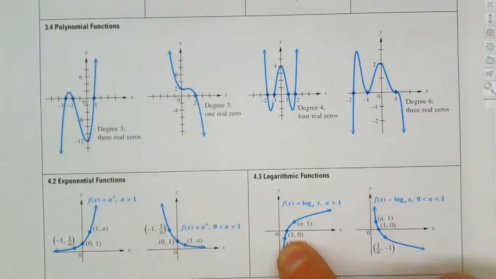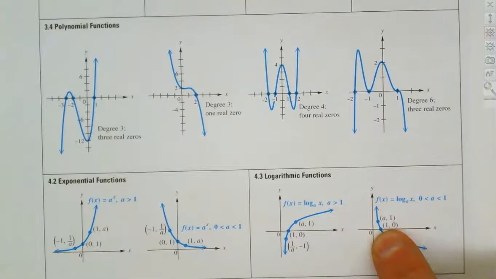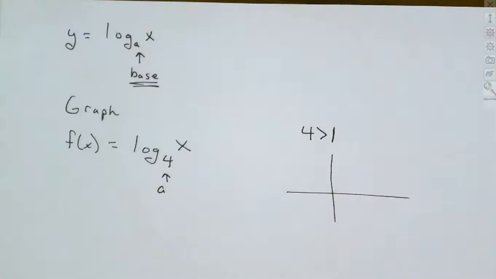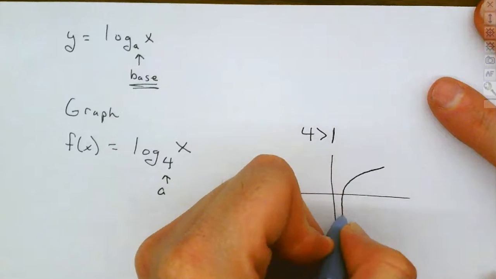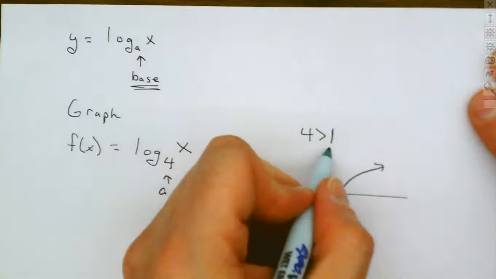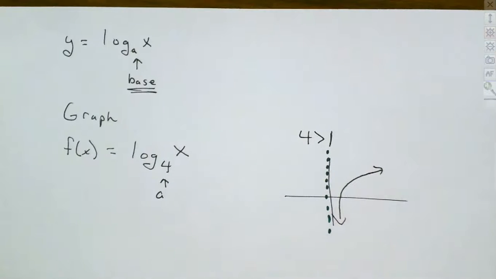And notice it has 1, 0 instead of 0, 1, because these are inverses. So my picture is going to look like this. It's not shown, but just like with exponentials, there is a horizontal asymptote, right? In logarithms, we have a vertical one.